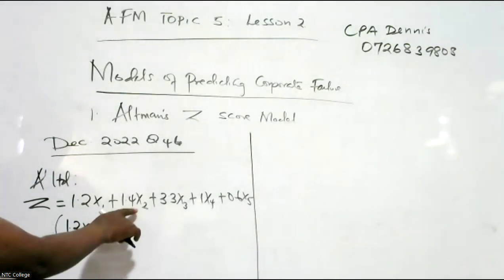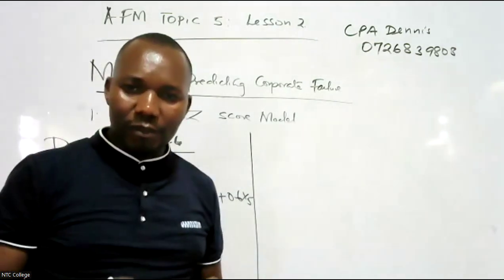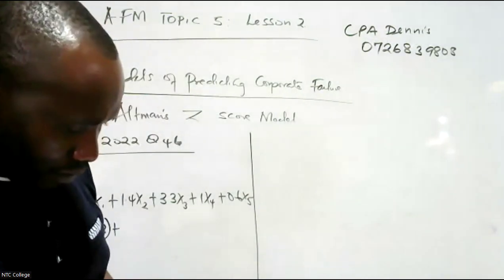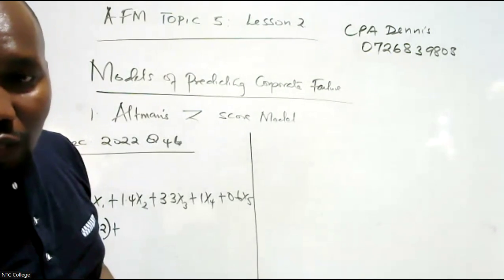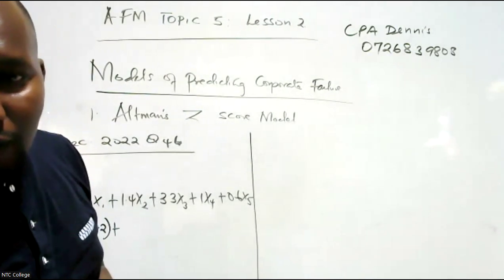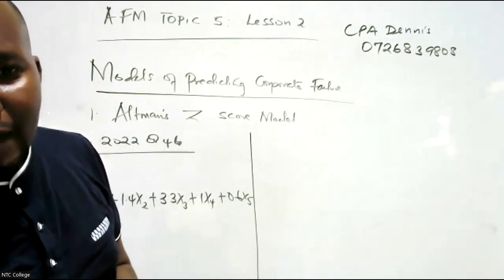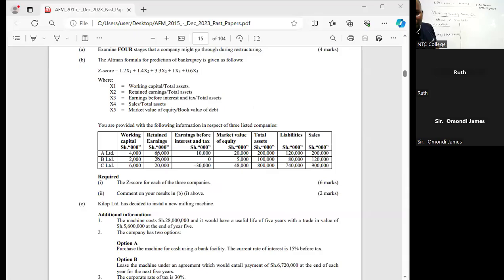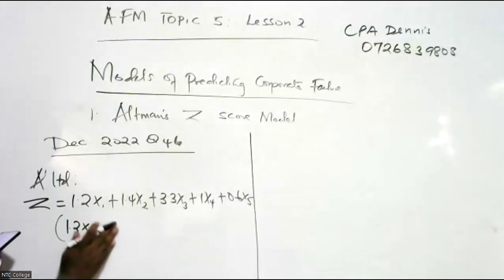Plus, we have X2. X2 is retained earnings over total assets. Is it 0.02 or is it 4 or 40? So hold on. We have 4. It is 4, not 40. So this one is 0.2.